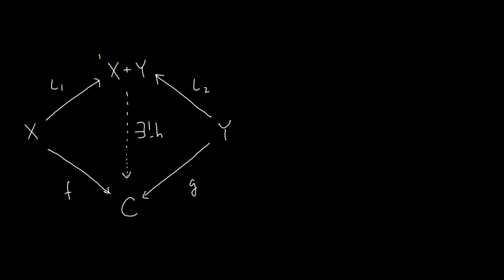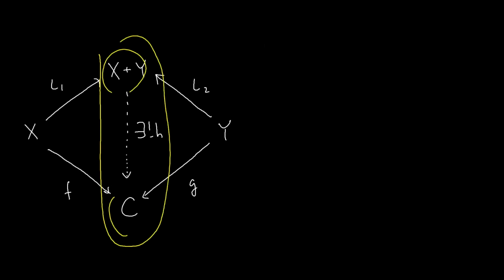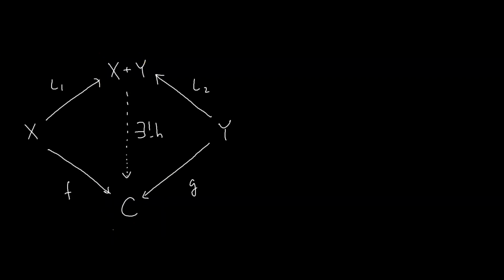We're not saying here that there is only one morphism between x plus y and c. We're saying among all the morphisms from x plus y to c, there is exactly one that makes this commutative and also that commutative. So that makes h composed with iota 1 equal f, and it makes h composed with iota 2 equal g. It is unique by those two properties.